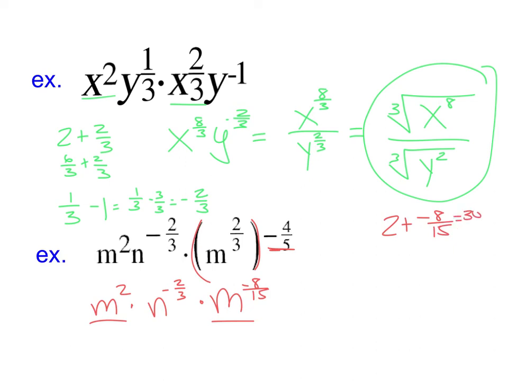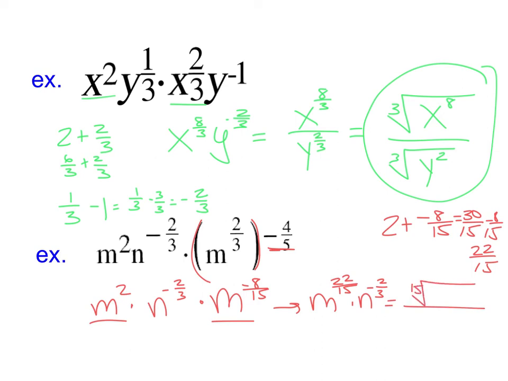That's 30 over 15 minus 8 over 15. So 22 over 15. So we end up getting m to the 22 over 15, n to the -2/3. And then I'm going to rewrite that. So this is the 15th root of m to the 22nd over the cubed root of n squared. Goes to the bottom since it's negative.